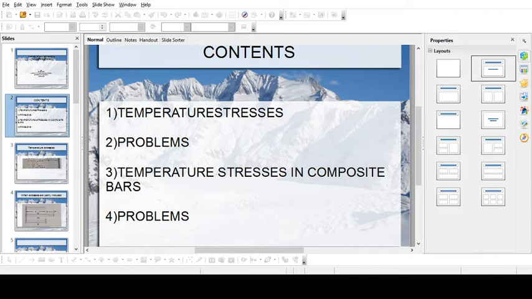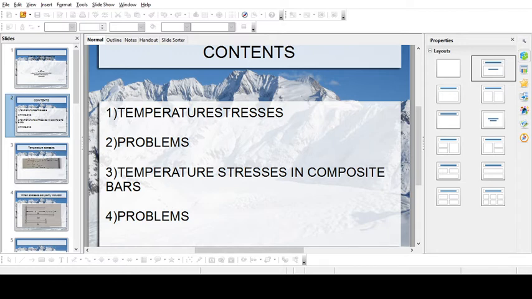We know that stress is equal to strain into modulus of elasticity. But the strain means alpha T. So alpha T into E, that is equal to 12 into 10 to the power of minus 6 per degree into 80, and the modulus of elasticity is 2 into 10 to the power of 5.